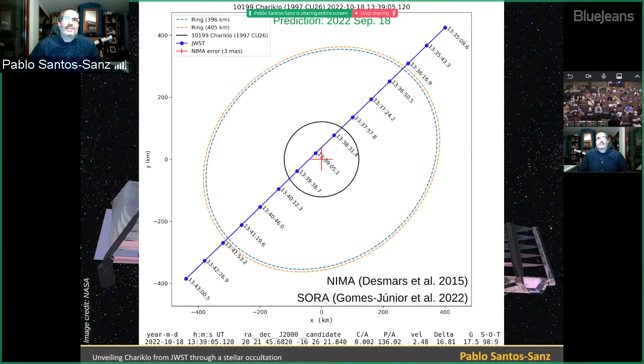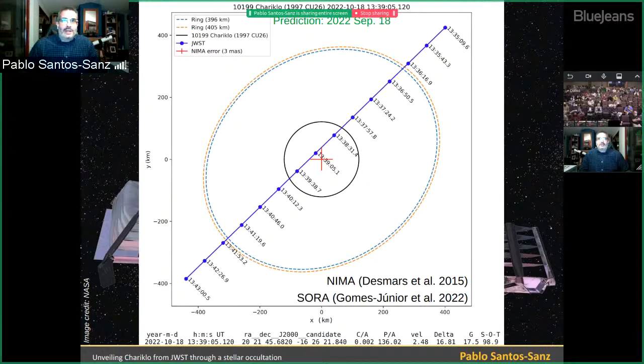This is, for instance, a prediction for September 18. You can see that due to these station keeping maneuvers, the trajectory of James Webb has moved a bit to the south. This is good for us. Then this is September 23.